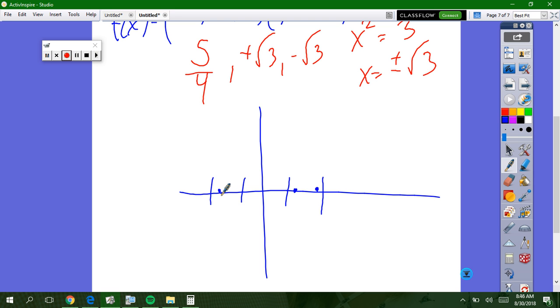Okay, and because each of these has a multiplicity of 1, at these zeros, am I crossing or am I bouncing? Crossing. Go through your zeros now. Does it have the end behavior that is needed? Does it have crossing at every zero?